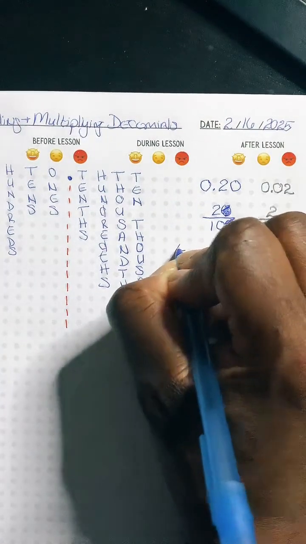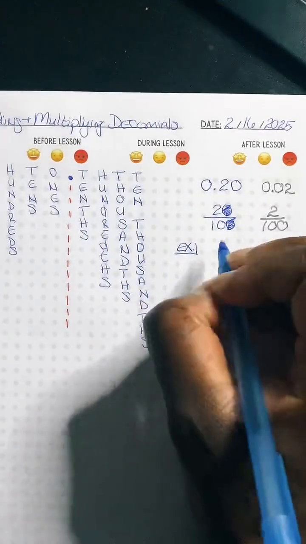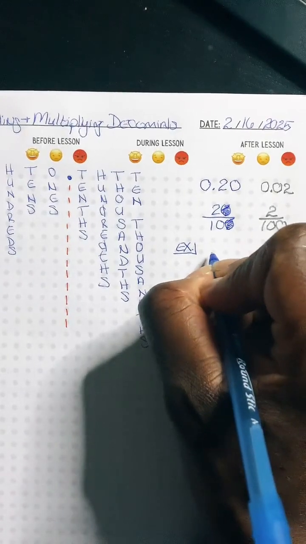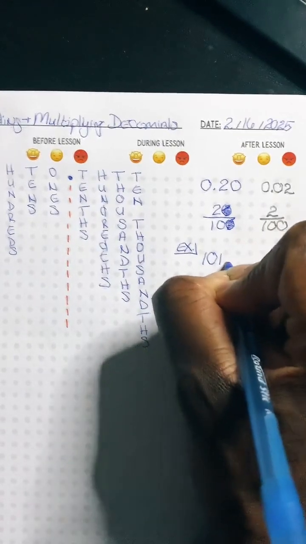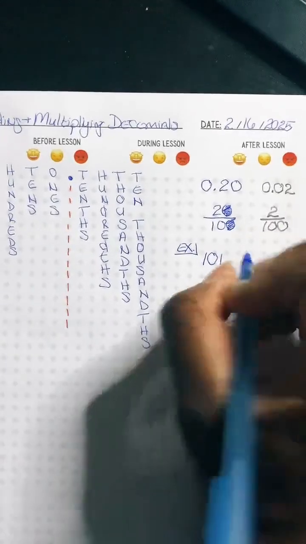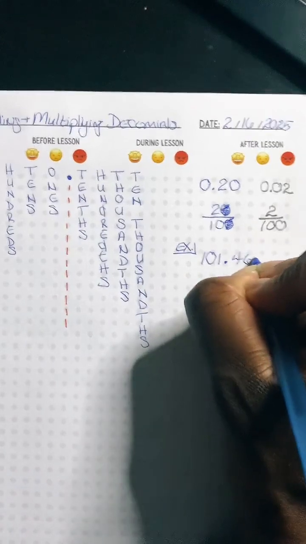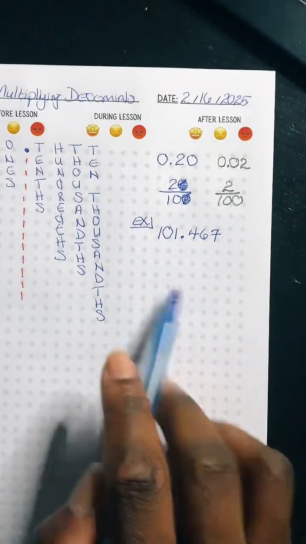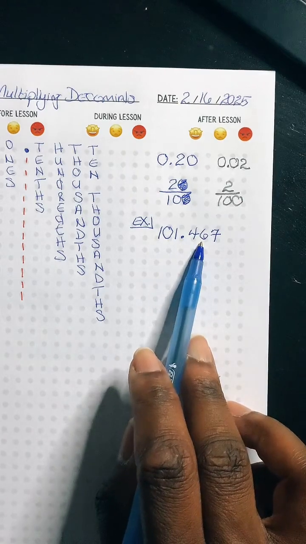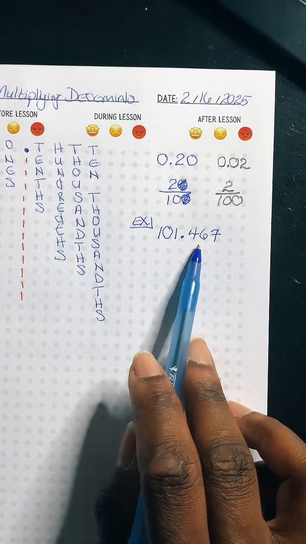So let's say that I have 101.467. Say that I want to round this to the hundredth, T-H at the end. Got to emphasize that.